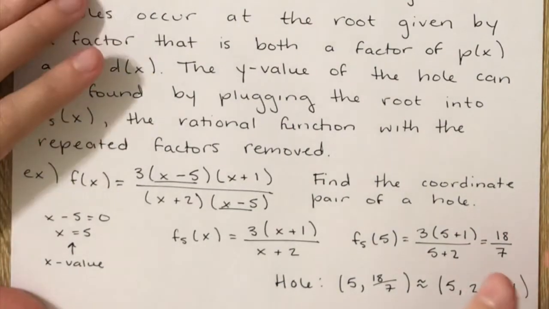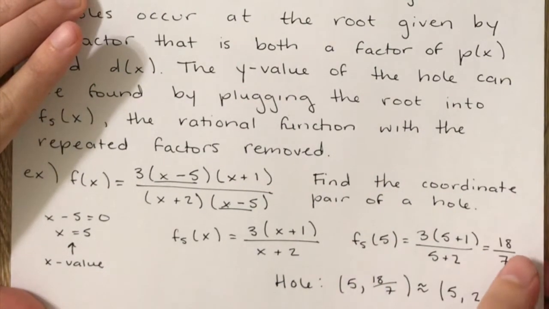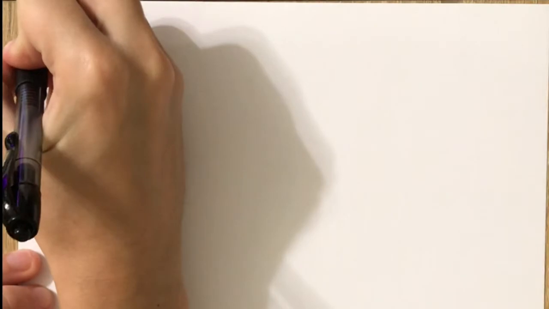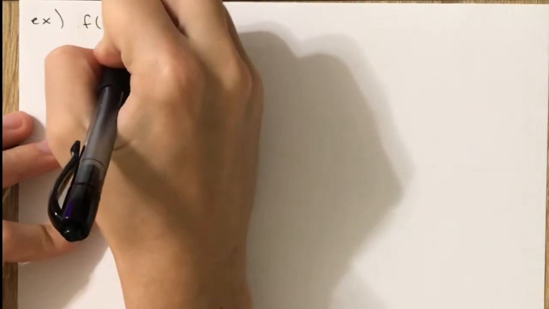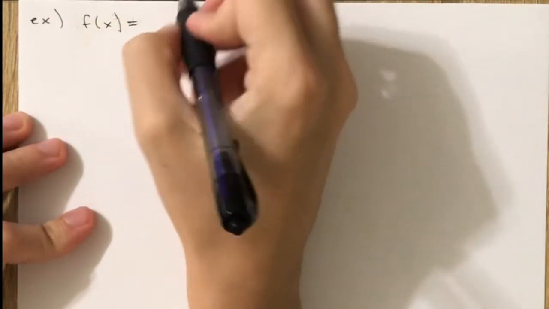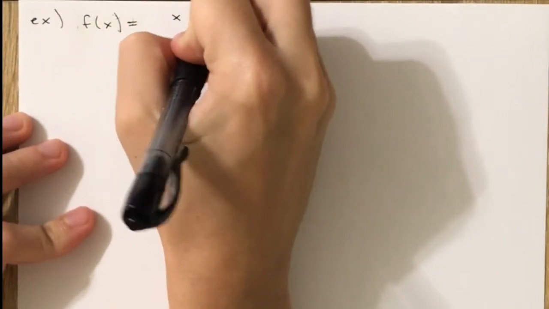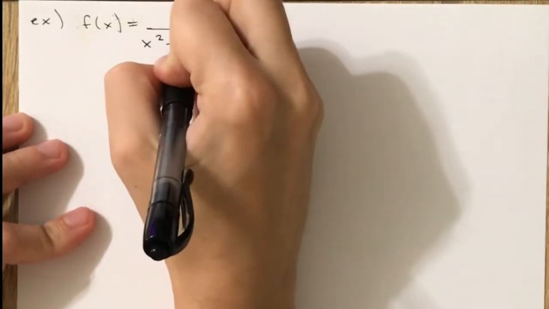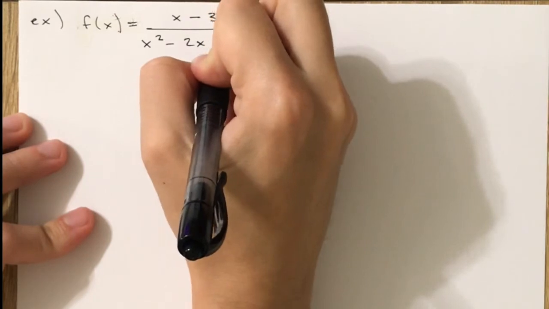Okay, what else can we see from a rational function? Well, let's go back to visit that original f of x, the first example we looked at today: x minus 3 over x squared minus 2x minus 15.